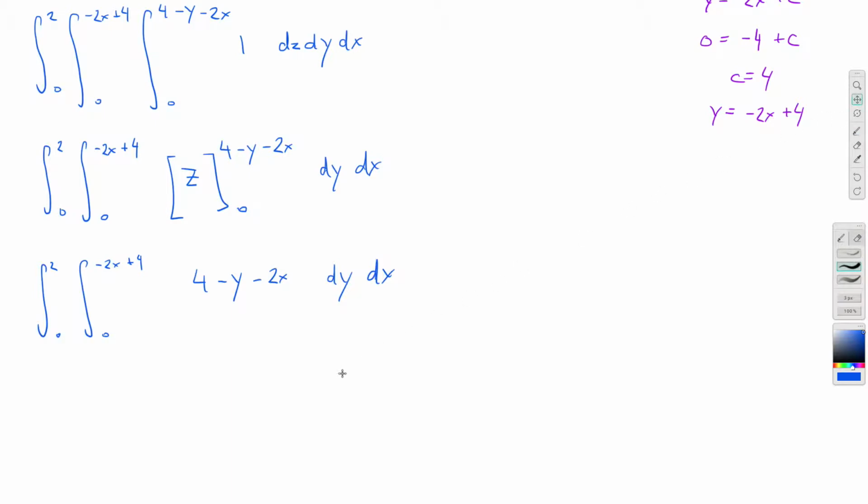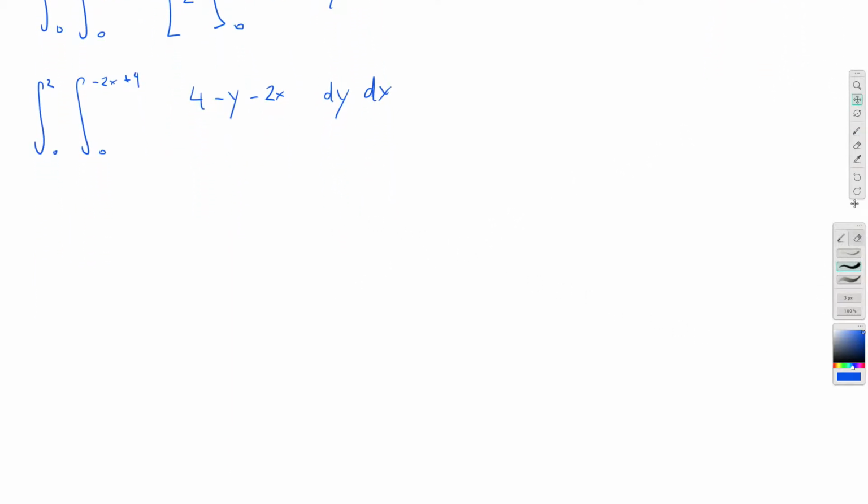Now we have to integrate this with respect to y. Let's change color.